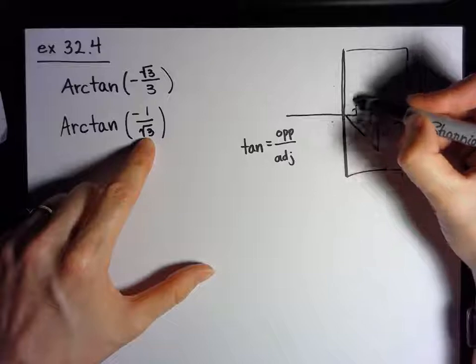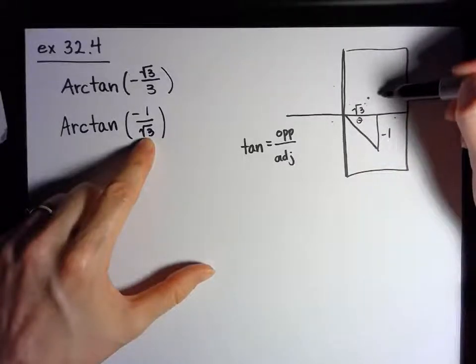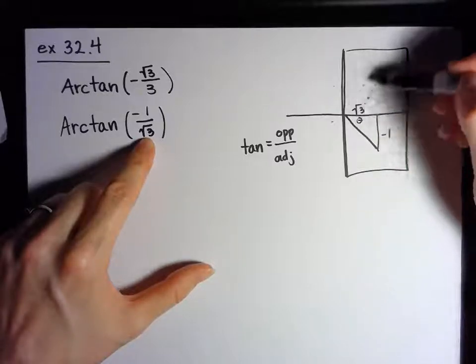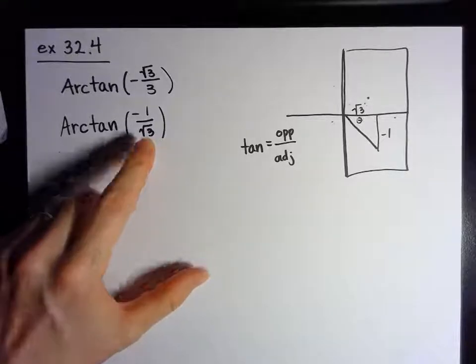There's no way to put the angle up here and get the opposite to be positive 1 and the adjacent to be a negative square root of 3, because it's got to be in the first or the fourth quadrant. The only way to get one of them to be positive and one of them to be negative is to put it down in the fourth quadrant, because they're both positive in the first quadrant.